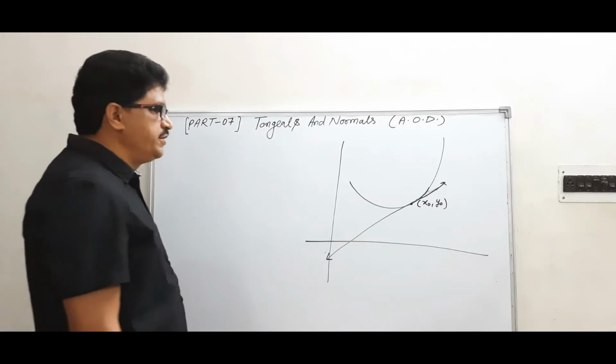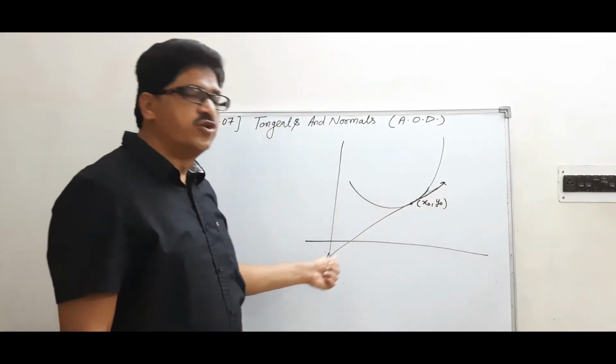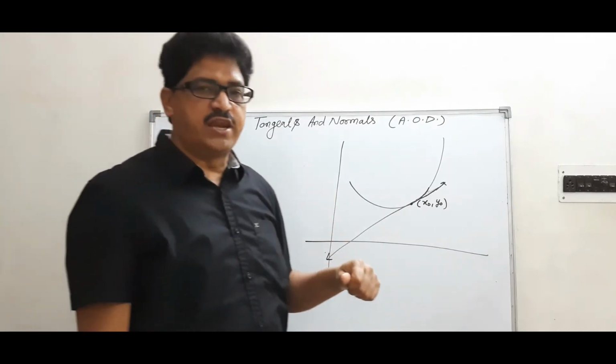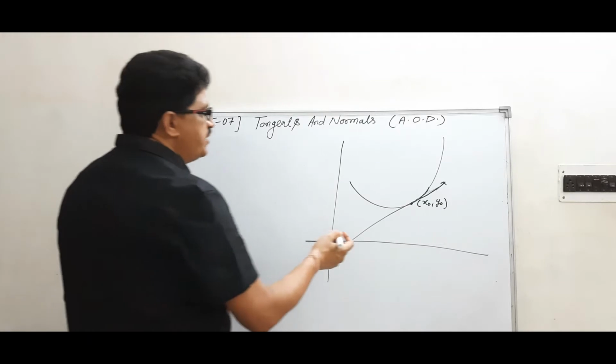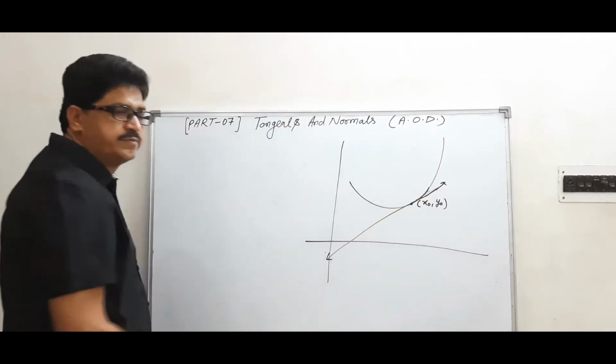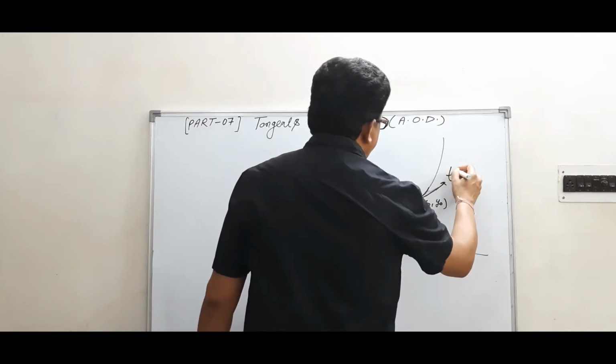At this point, a tangent is drawn, and tangent is also a line. So whenever we say slope of tangent, it means slope of this line. This line is tangent.